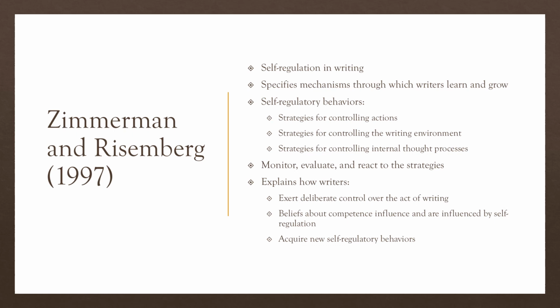And they'll get rid of, not use anymore, the strategies that didn't work for them, and then they'll retain the strategies that did. And these strategies are meant to help writers exert control over their own writing, believe in their own competence, and allow them to acquire new self-regulatory behaviors. That's the goal of this model.